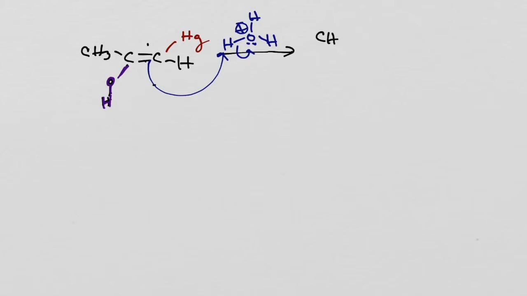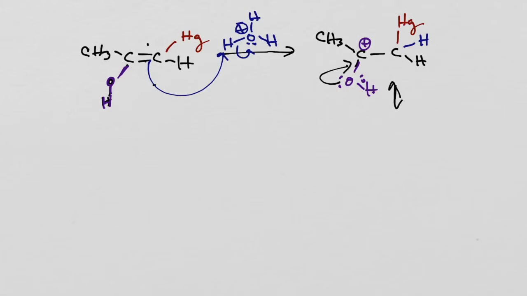For this example, the most stable carbocation is going to be this one, because we're able to stabilize this carbocation by resonance with the lone pairs on that oxygen.